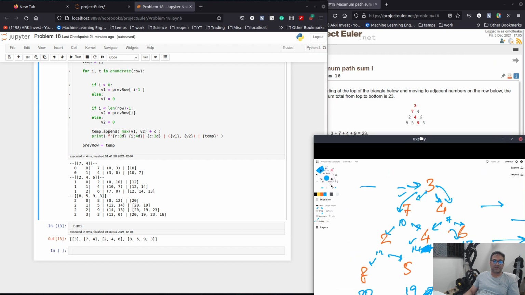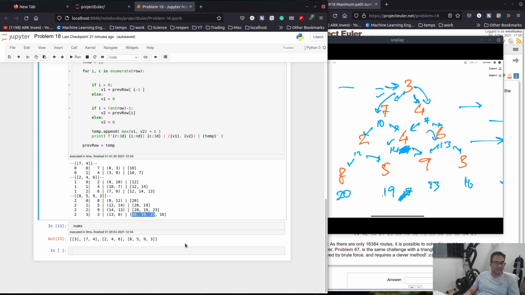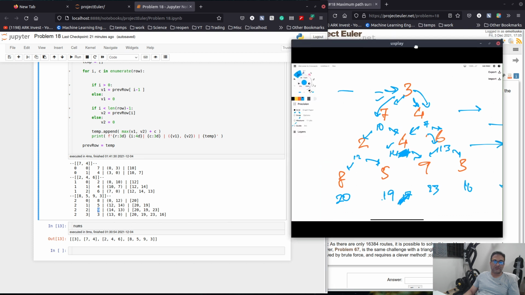And the last one is 23. The maximum of this is 23. So that comes from this point, 14, the maximum 9 and 14.